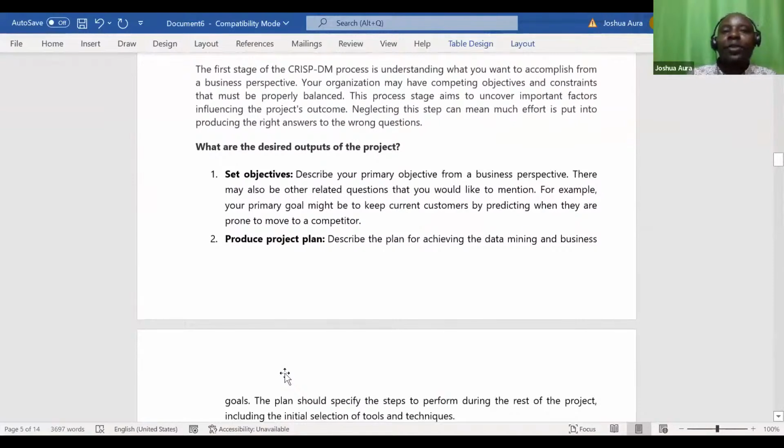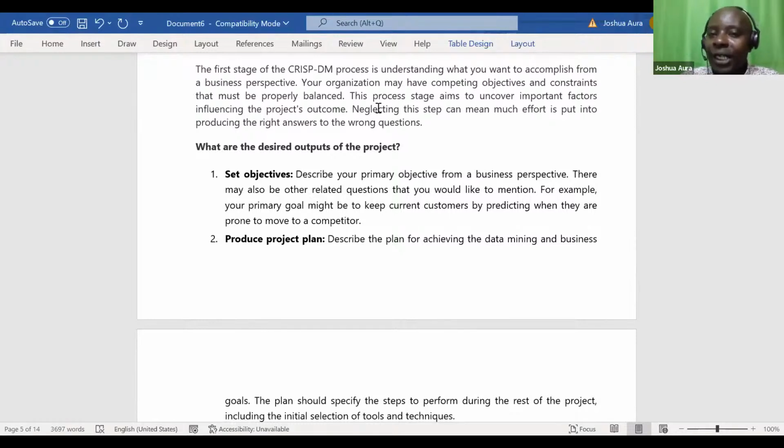The first stage of the CRISP DM process is understanding what you want to accomplish from a business perspective. Your organization may have competing objectives and constraints that must be properly balanced. This process stage aims to uncover important factors influencing the project's outcome.